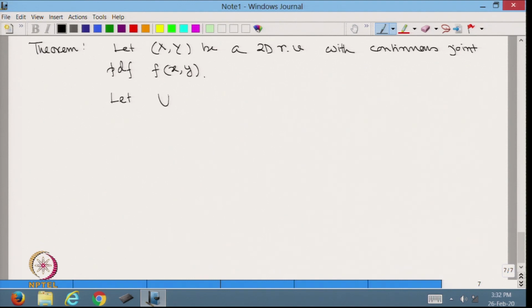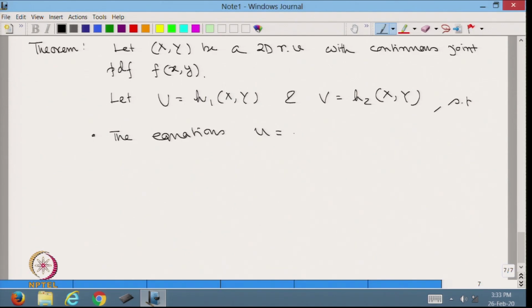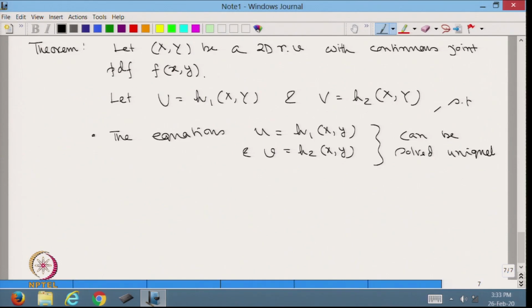Let u equal to h1 of x y and v is equal to h2 of x y such that the equations u is equal to h1 x y and v is equal to h2 x y can be solved uniquely for x y in terms of u and v.